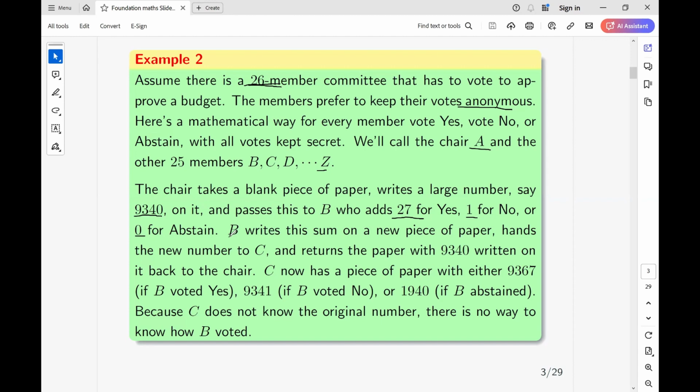So person B will write his or her sum on a new piece of paper and return the other piece of paper to the chairman. Then the chairman hands this new piece of paper to person C. Person C also casts his vote and returns.